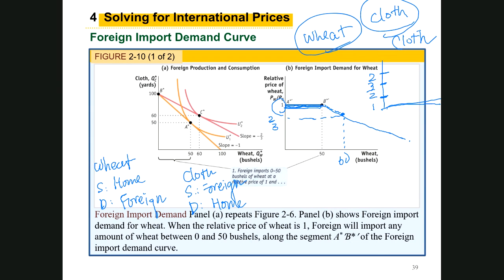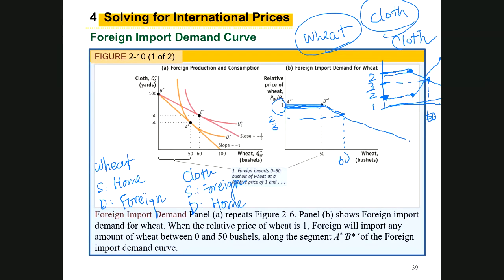So the home country becomes the consumer of the clothes, and the foreign country becomes the supplier of the clothes. It should be 40.